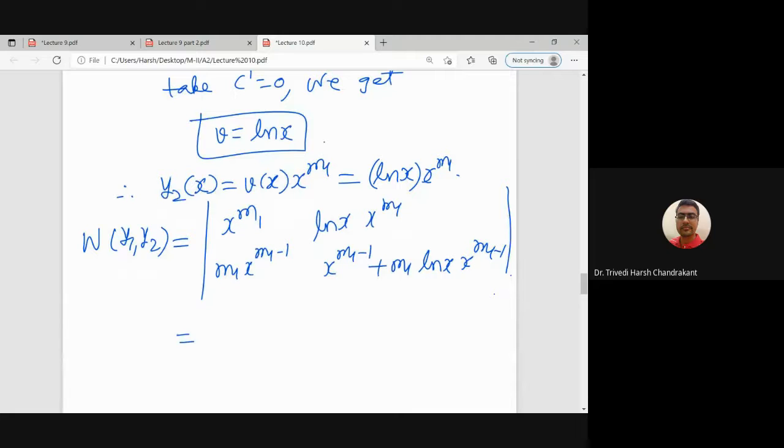Then we simplify this, we'll get x power 2 m1 minus 1 times 1 plus m1 log x minus m1 log x.